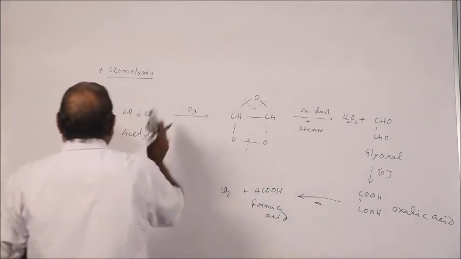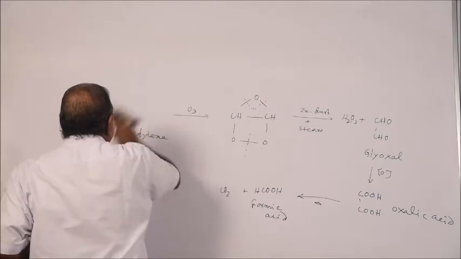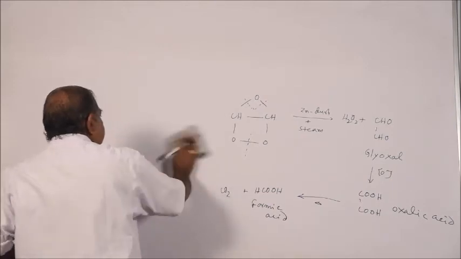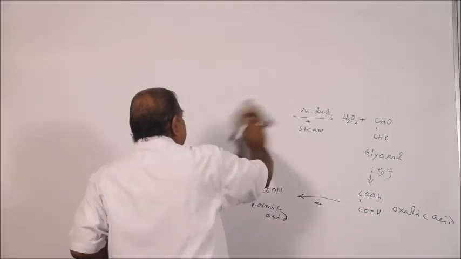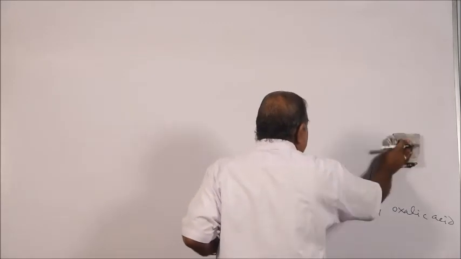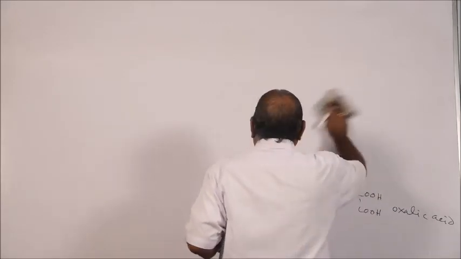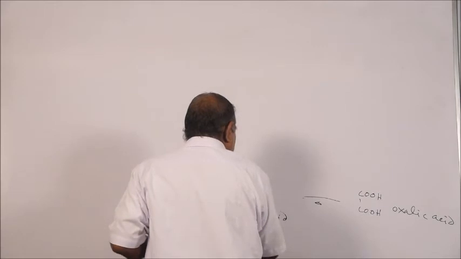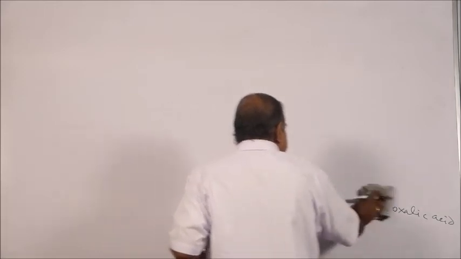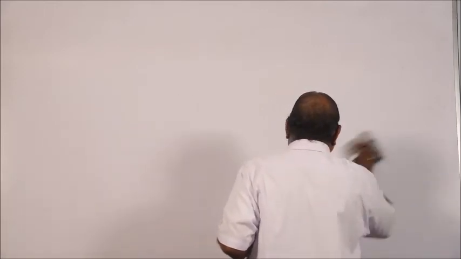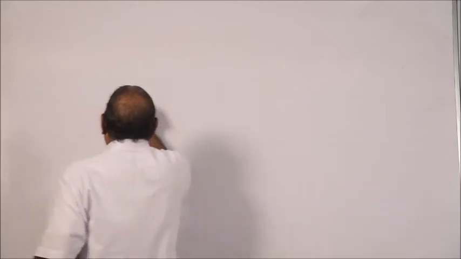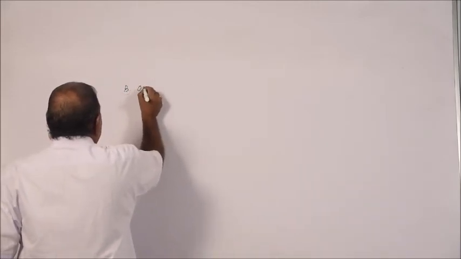So, I have compared with alkene. There are 4 different types of addition: addition with hydrogen, addition with halogen, addition with hydrogen halide. If the molecule is unsymmetrical, Markovnikov's rule will be applied. Ozonolysis of alkynes does not give much better products. Next, oxidation.